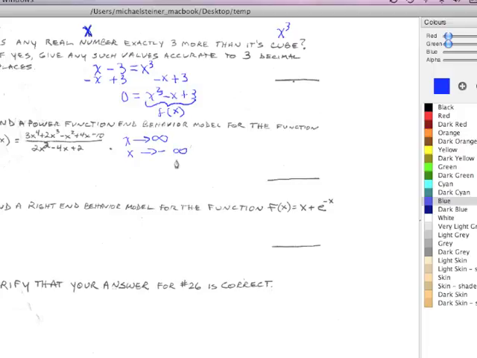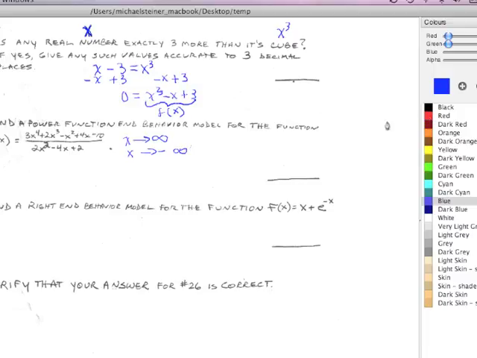As you look at this, the terms that will dominate will be these highest power terms. 3x to the fourth will dominate anything that 2x to the third will contribute to the value of the numerator, because we're taking these larger and larger numbers, whether positive or negative, to the fourth power.